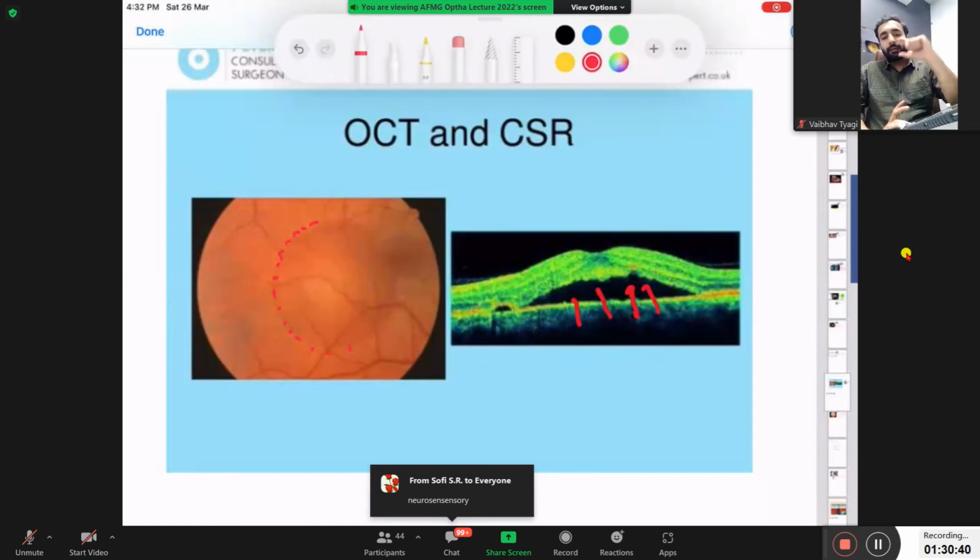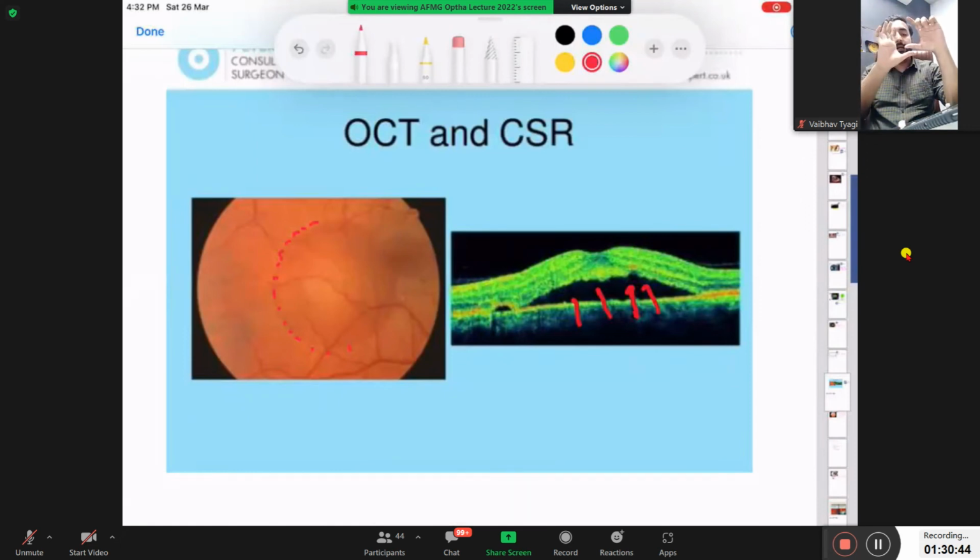Between the neurosensory retina and RPE, there is a potential space, called the subretinal space.